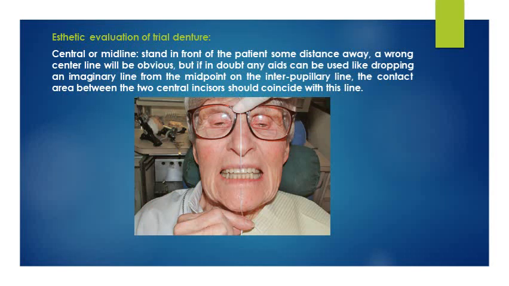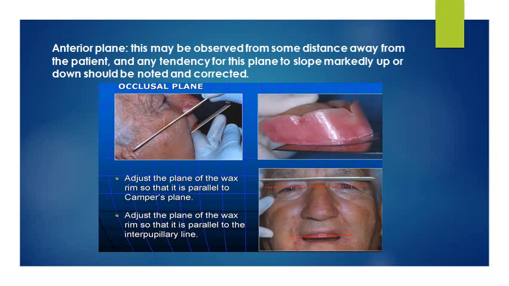For aesthetic evaluation, as you know, the anterior aesthetic zone is very important, so we should check the midline. The intraoral midline should coincide with the extraoral midline of the face. The anterior plane, as you know, is the amount of the teeth that appear.